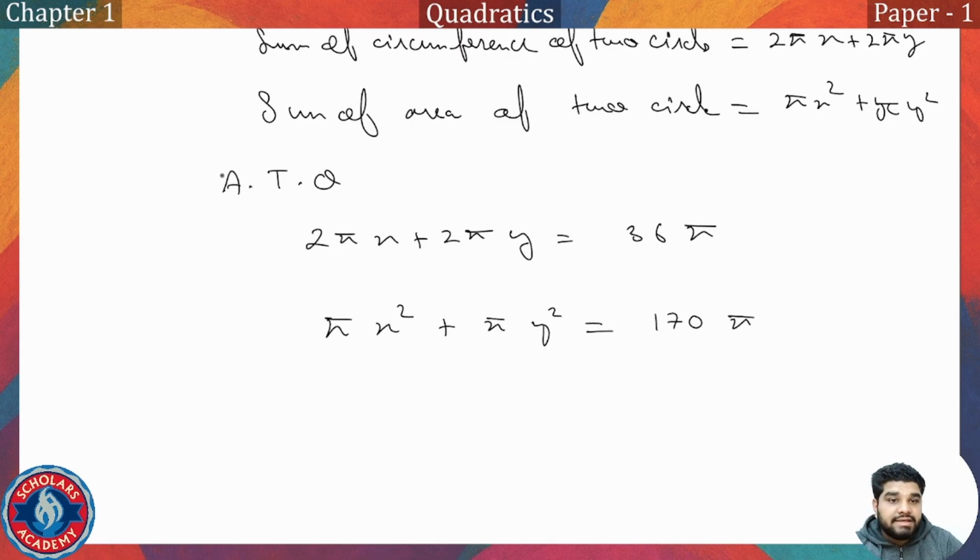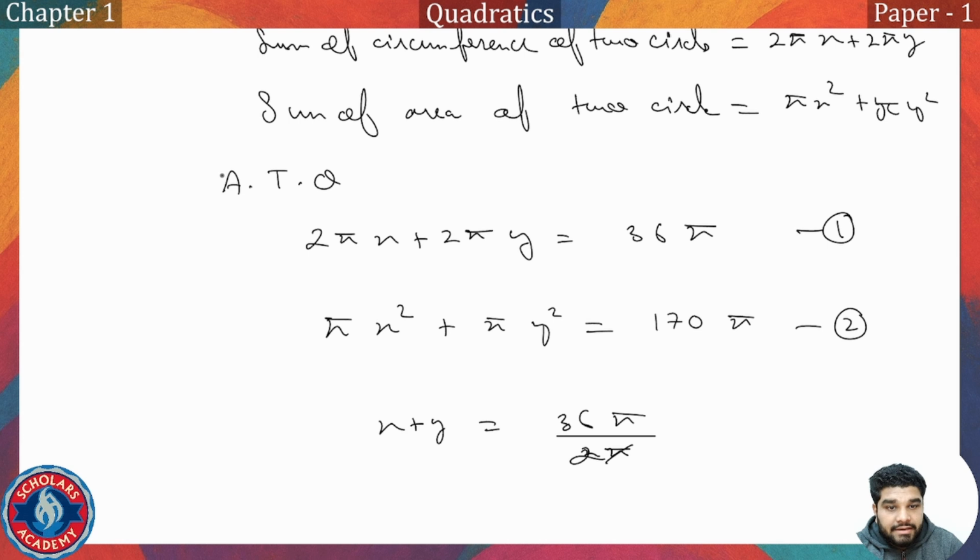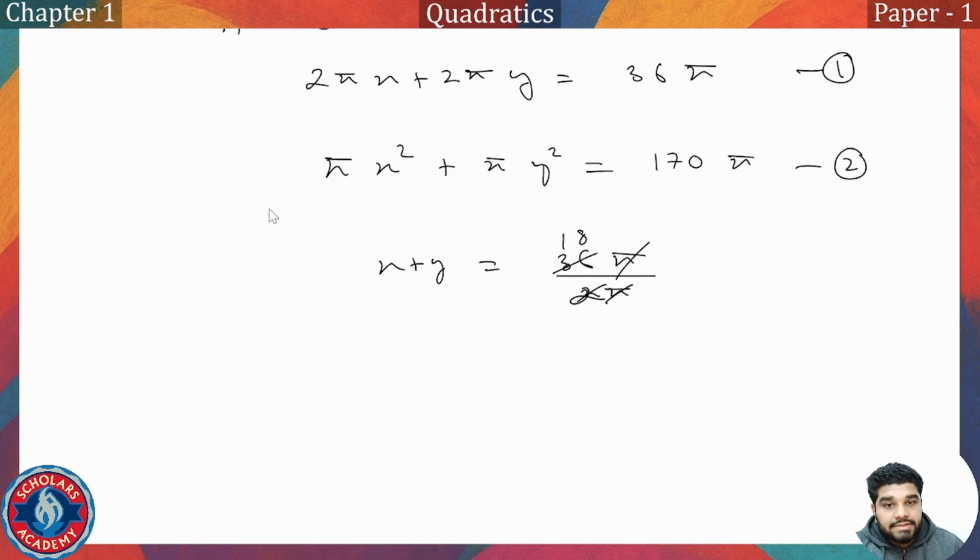If I simplify these, I can mark them as 1 and 2. Simplifying 1, I can take 2 pi common. I get x plus y is equal to 36 pi by 2 pi, and I can cancel this pi out. I get 18. So x plus y is equal to 18.